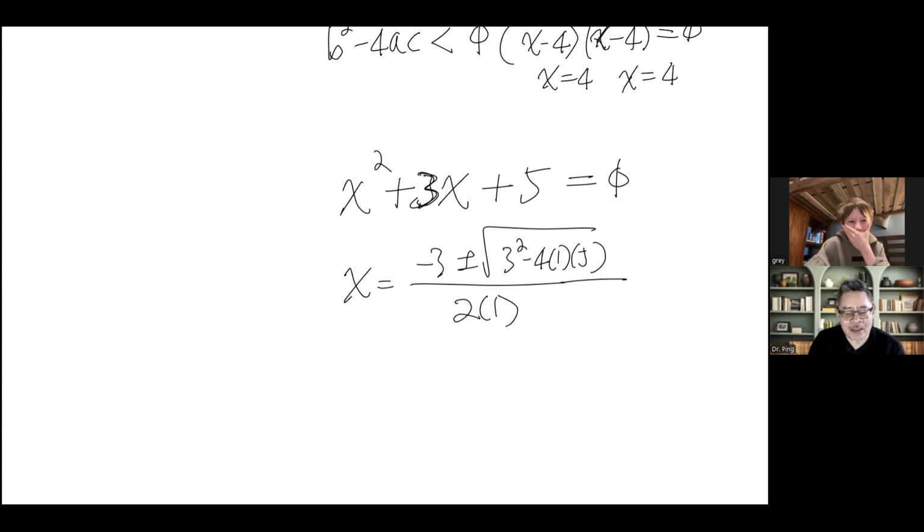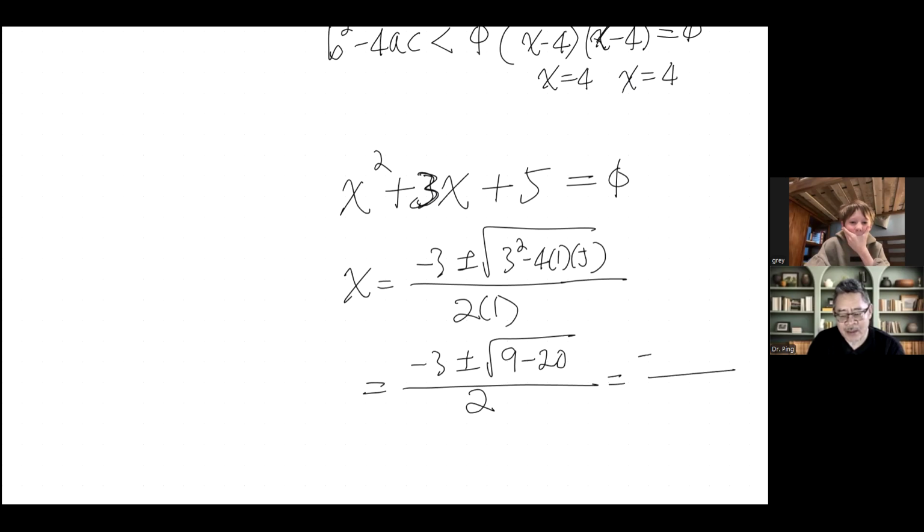So what we got here is negative 3 plus or minus the square root of 9 minus 20 over 2. And now we see we have a problem here. Negative 3 plus or minus, we got the square root of negative 11.